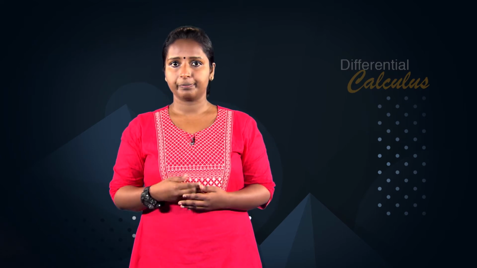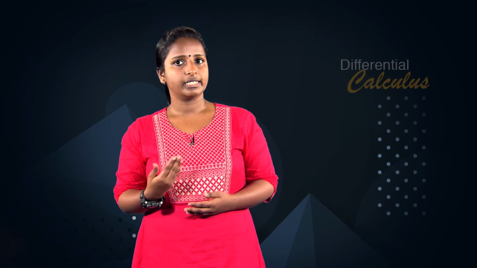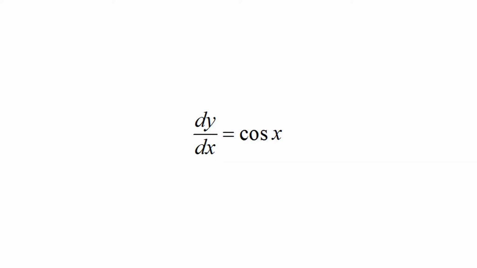We know that an equation involving one dependent variable and its derivative with respect to one or more independent variables is called a differential equation. For example, dy upon dx equal to cos x is a differential equation.